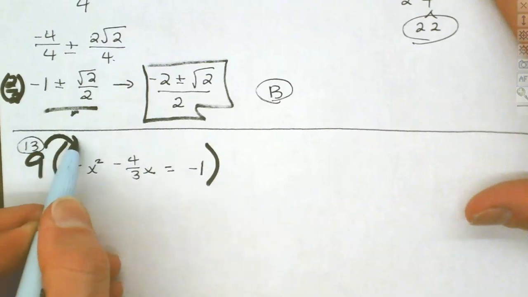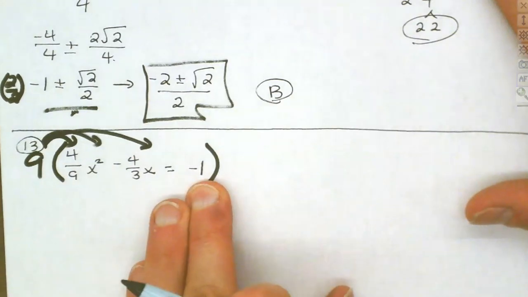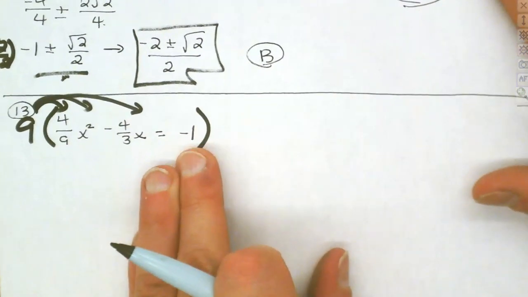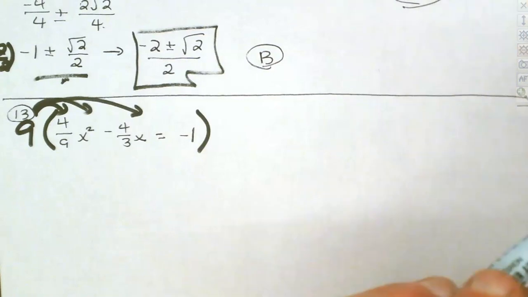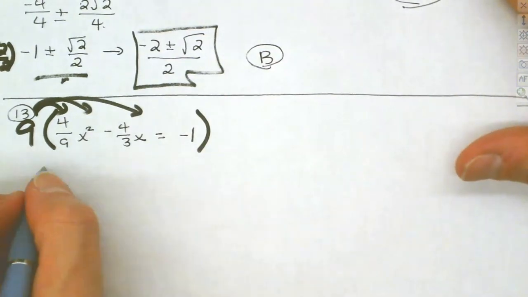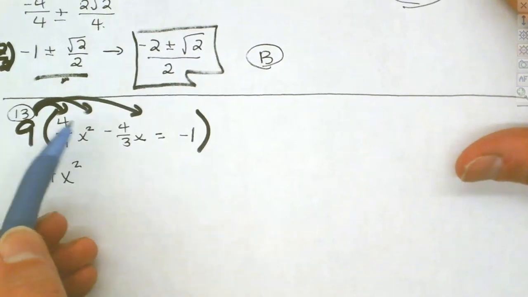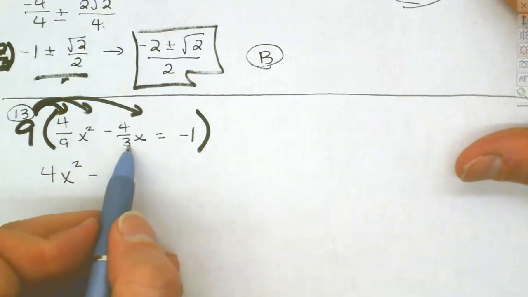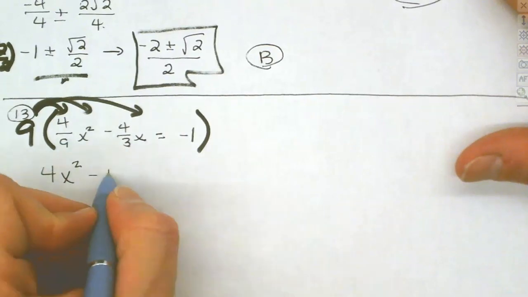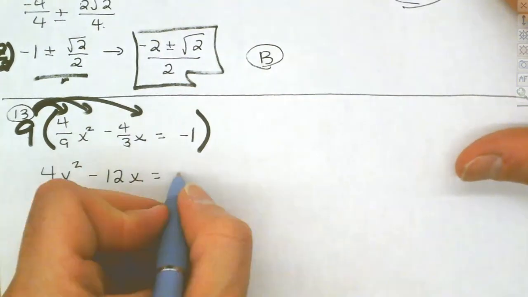Make sure that it goes through each part. Where students make a mistake is with that minus 1. They'll forget to distribute it through to that minus 1. So now the 9's cancel, and that leaves you with a 4x squared. The 9 and the 3 cancel, that leaves you with 3 times a negative 4, which makes it a minus 12x. And don't forget on the right-hand side, 9 times a negative 1.